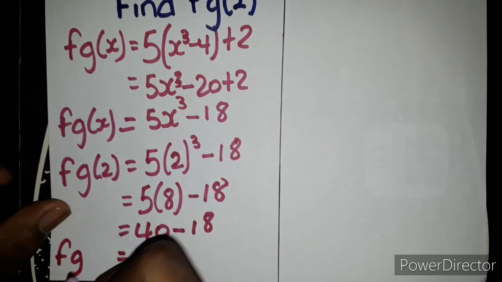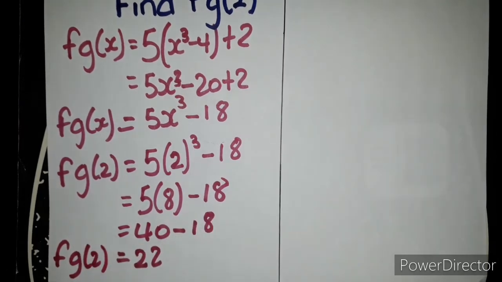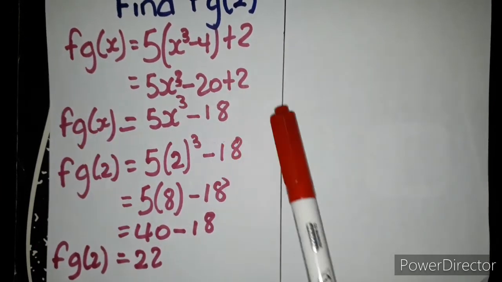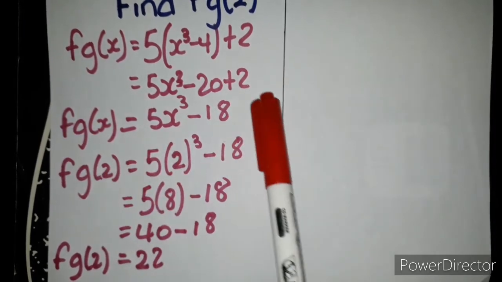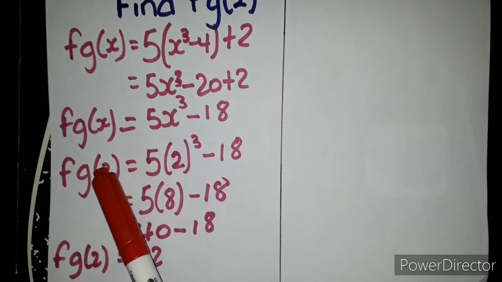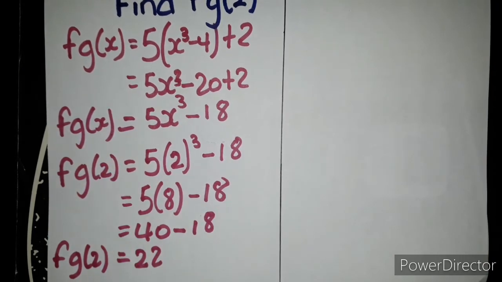So fg of 2 will be 22. The first thing that we did, we found the general function, which is fg of x. And after you finish finding that general function, then we replace x with 2 inside of that general function.